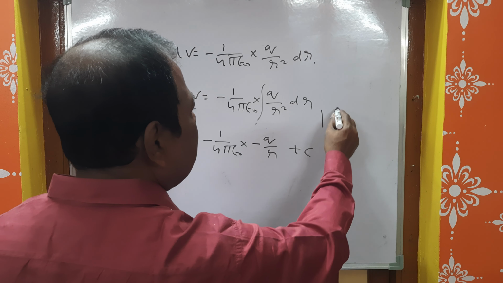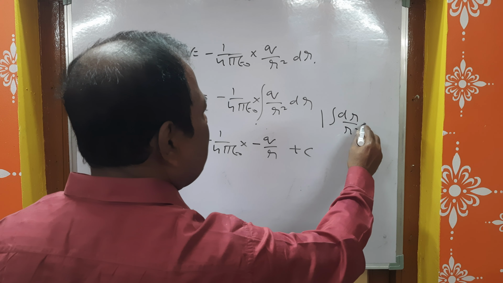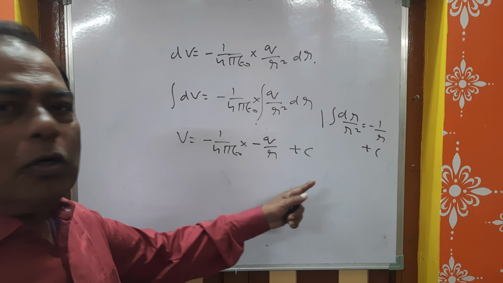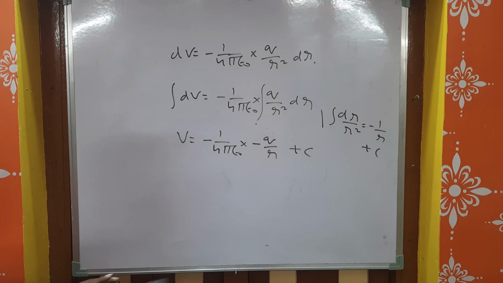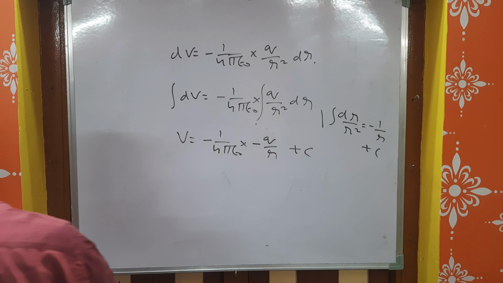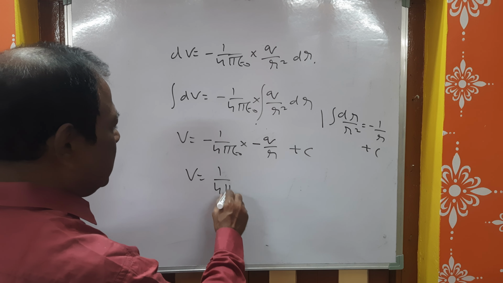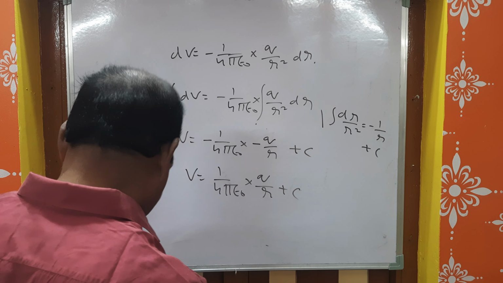Because we know the integration of dr by R square is equal to minus 1 by R plus some constant called the integration constant. Okay. So ultimately we can find out V is equal to 1 by 4 pi epsilon naught into Q by R plus C.